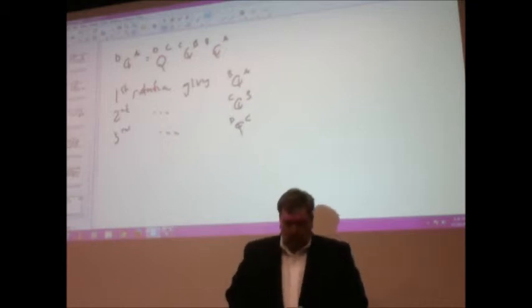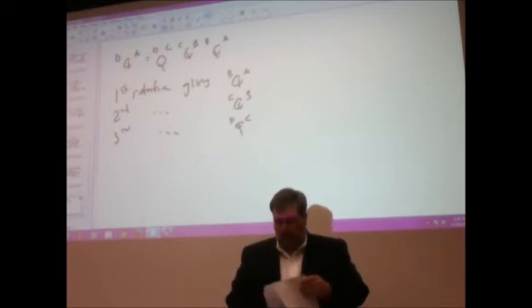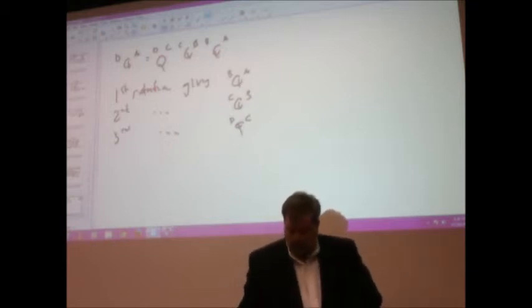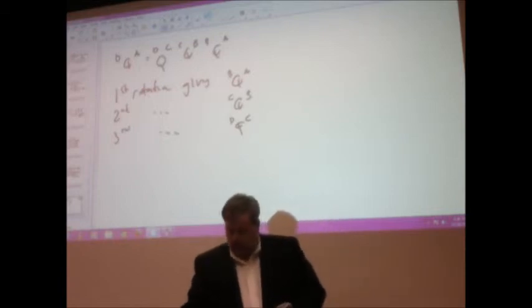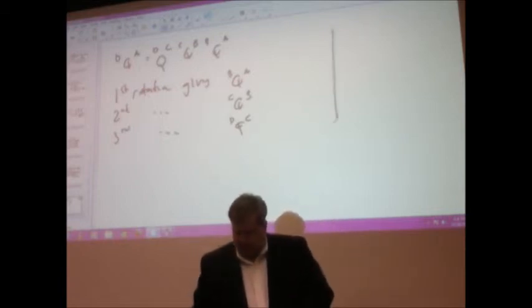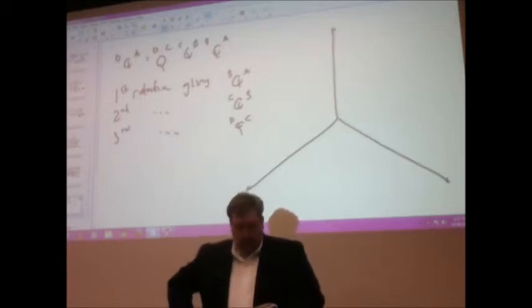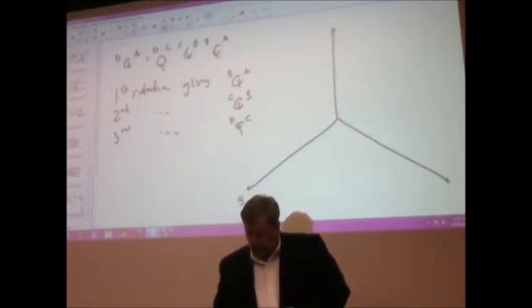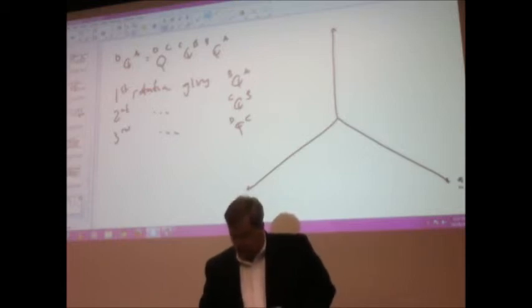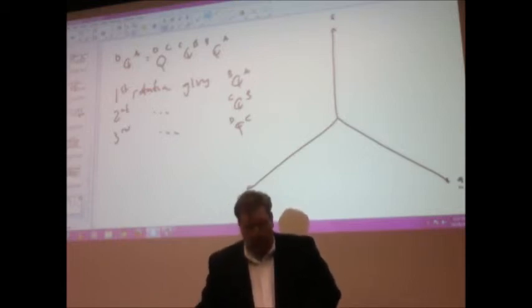All right, here's a picture that tells us what we're talking about. Let's hope I can draw this in the space we have here. All right, let's start with A1, A2, A3.